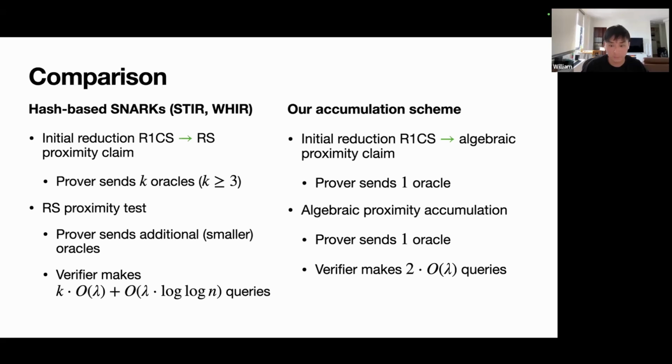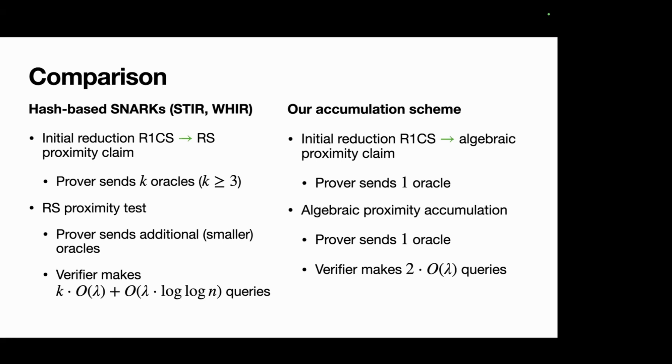It actually just sends one oracle. And then the verifier would make O of lambda queries to the K plus one oracles. So the K oracles from the initial reduction and then the additional oracle sent by the prover in the many-to-one reduction. So it'd be K plus one times O of lambda. And then there wouldn't be this additional lambda times log n queries.